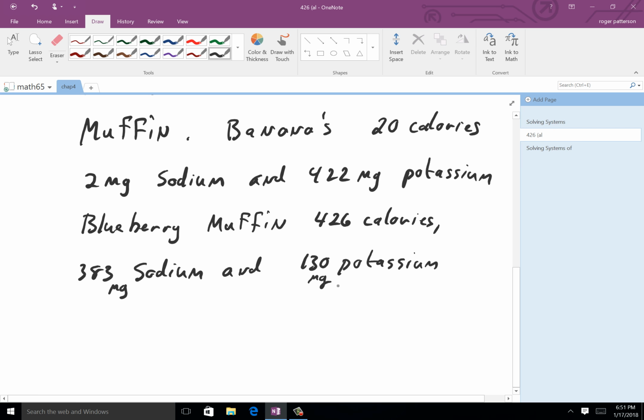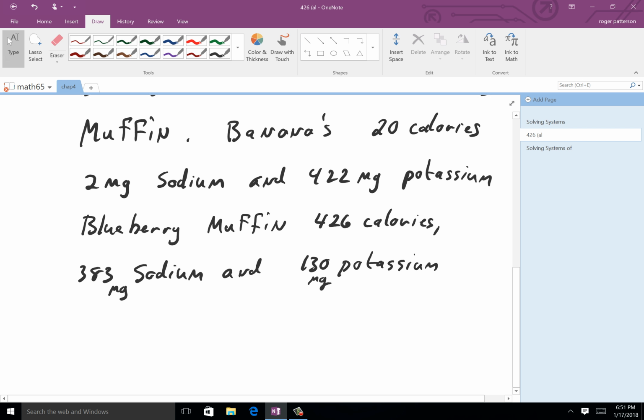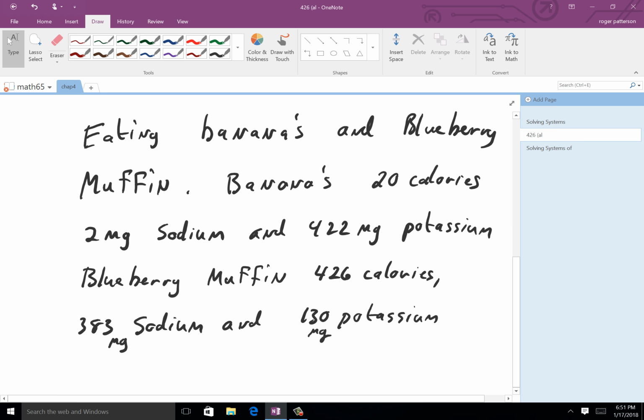Okay, all right, so here's what we're doing. So we're eating bananas and blueberry muffins. Our bananas have 20 calories, 2 milligrams of sodium, 422 milligrams of potassium. Blueberry muffin has 426 calories, 383 milligrams of sodium, and 130 milligrams of potassium. That's for one muffin.